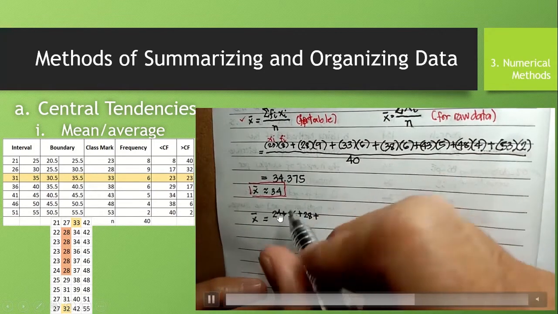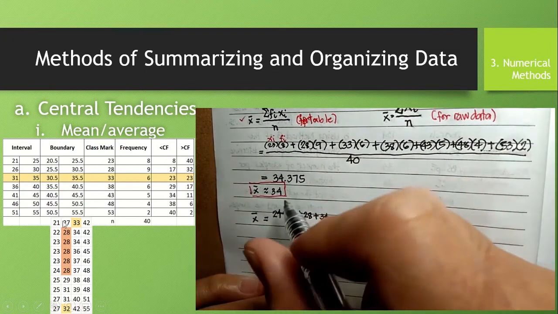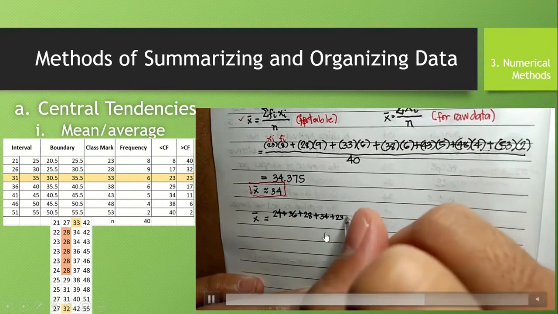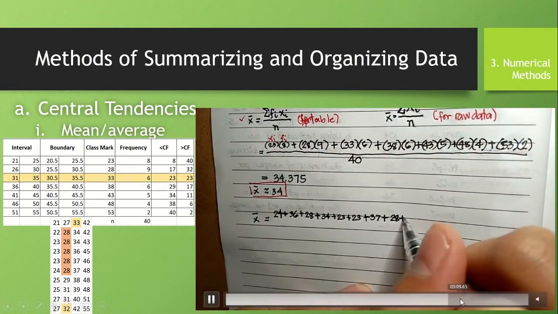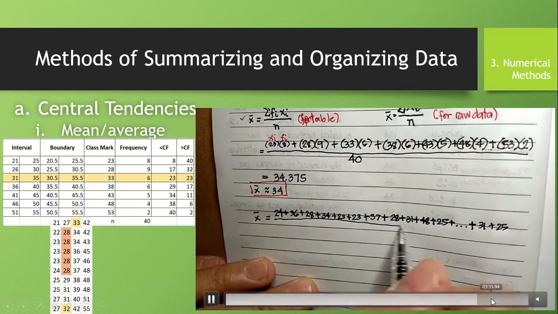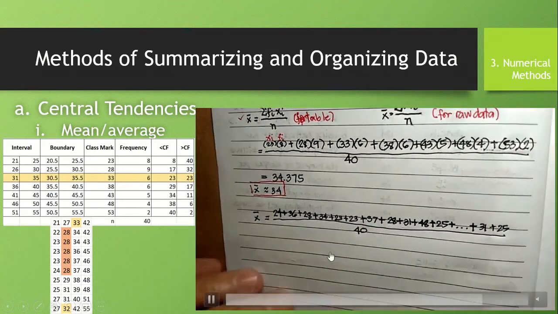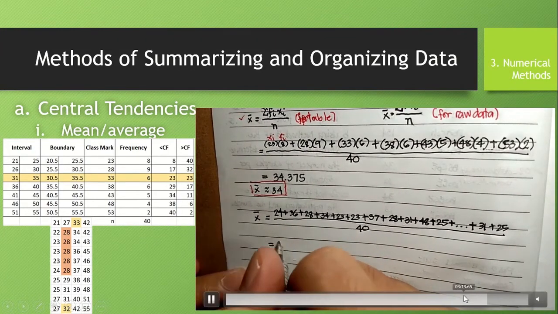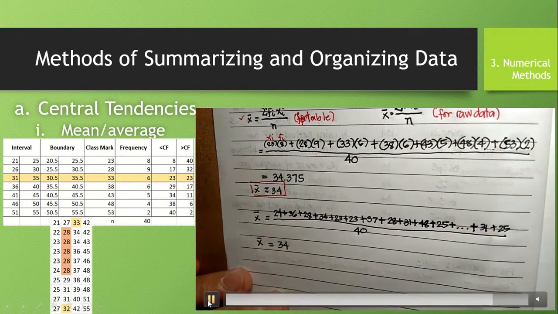This is based on the unsorted data. However, you can still use the sorted form, from 21 until 55, and the result will be just the same. Sum all of the 40 values and divide them by 40, and you will get the value which is equal to exactly 34.